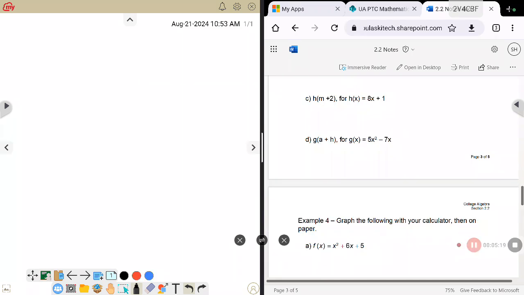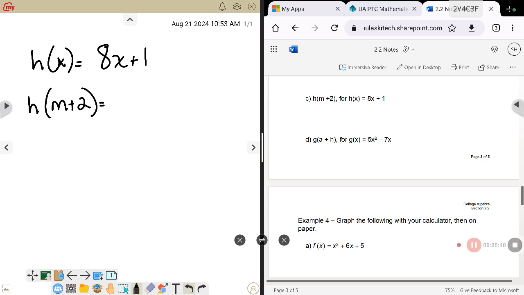All right, looking at example 3c. My function is h of x equals 8x plus 1, and I need to find h of m plus 2. So the process is exactly the same.